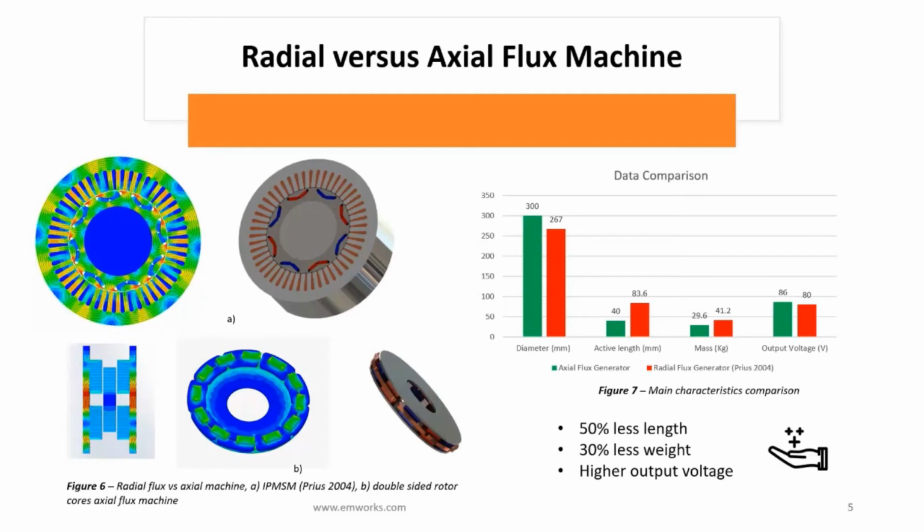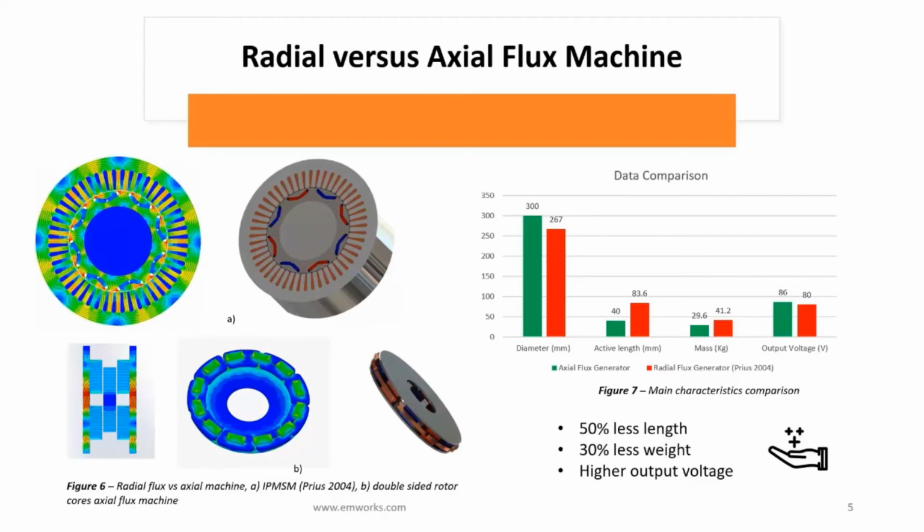The axial flux machine has several advantages compared to the radial flux machine. It provides a high power density and torque with a limited machine size. To validate this, we have used 2D and 3D electromagnetic simulations to analyze radial and axial flux generators.